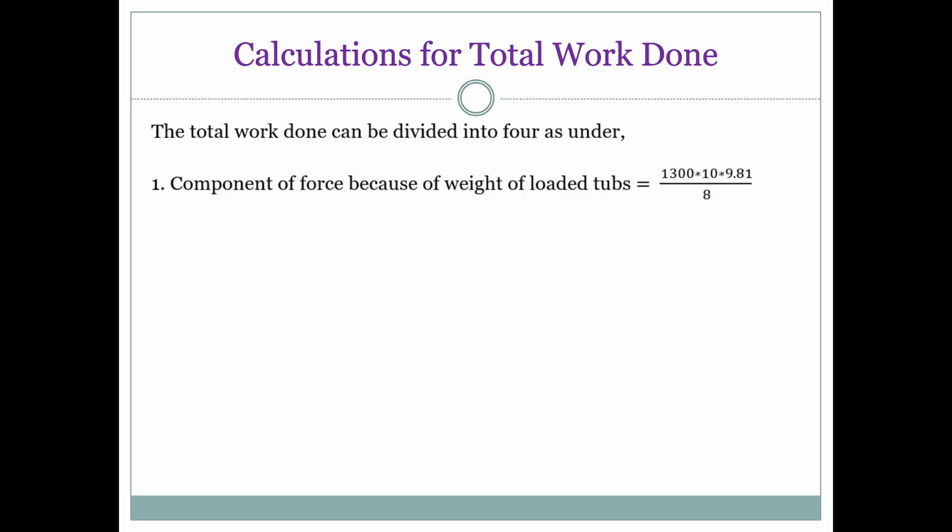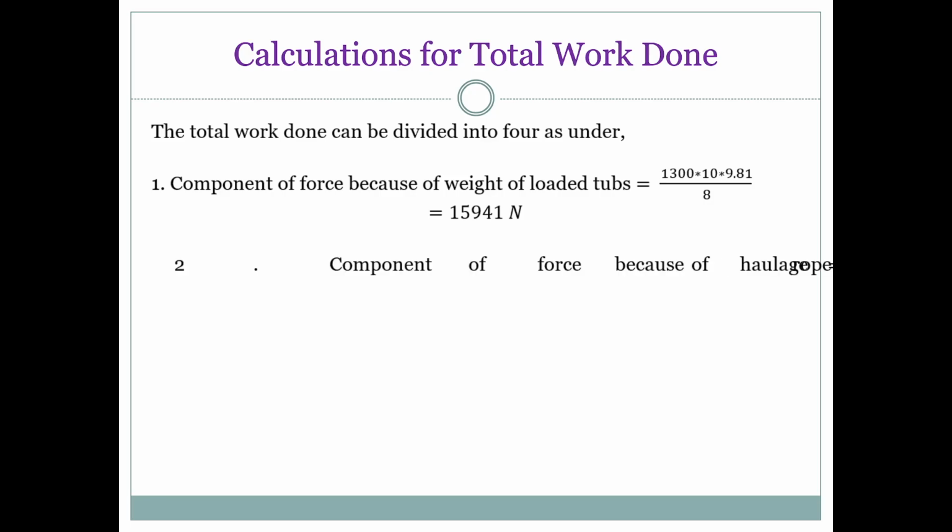So 400 kg plus 900 kg, we get 1300, multiplied by 10. So 10 here is the number of tubs that is given to us in the numerical, multiplied by 9.81, multiplied by the gradient factor of 1 in 8. So we get a numerical value of 15941 newtons.